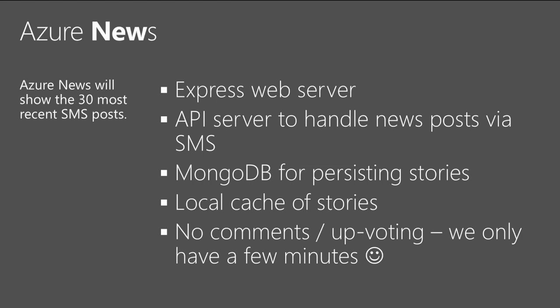I have an Express web server that's going to serve the front Azure News homepage. I'm going to have a separate server set up to work with Twilio so that I can accept SMS messages from you guys and live post to the page. We've got a simple single, not HA, very basic MongoDB container set up for persisting the stories. And we've got a local Redis cache just to show off that we can have a whole bunch of containers running at once.